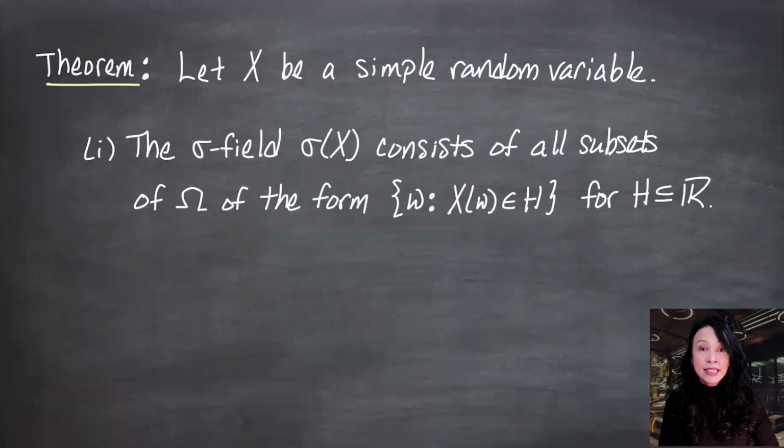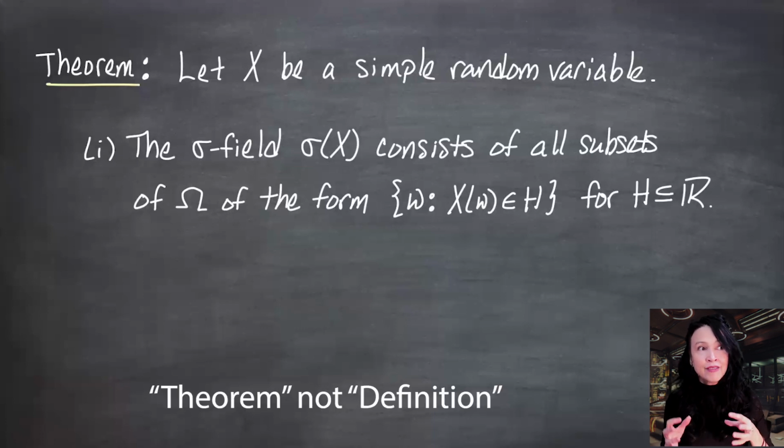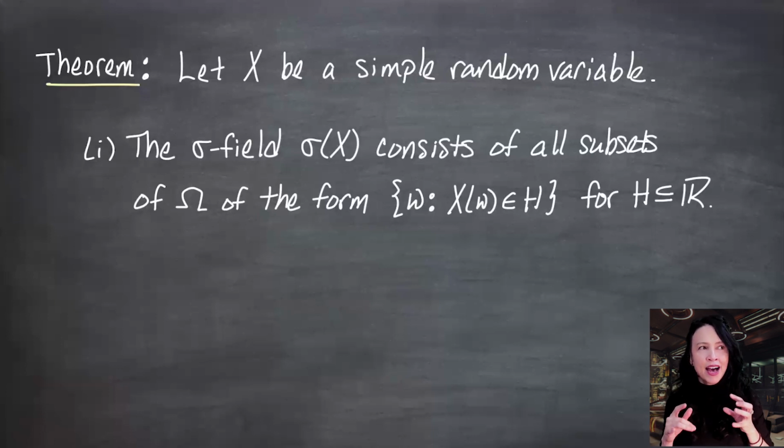The second part of this theorem is that we have a probability space and an underlying sigma field, and we have a random variable X that is measurable with respect to that sigma field.